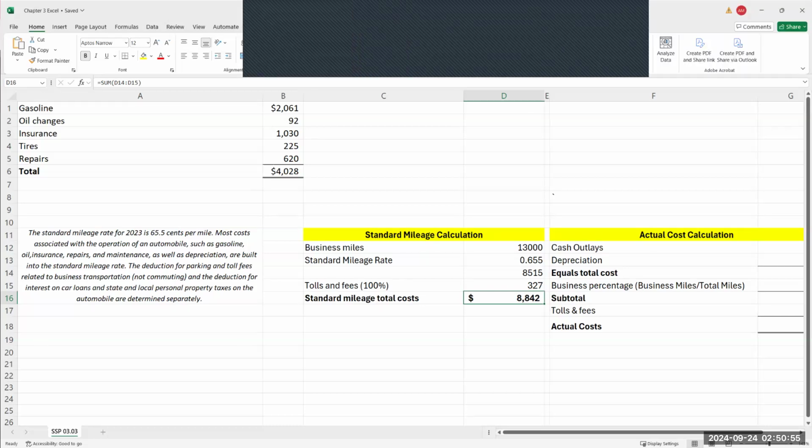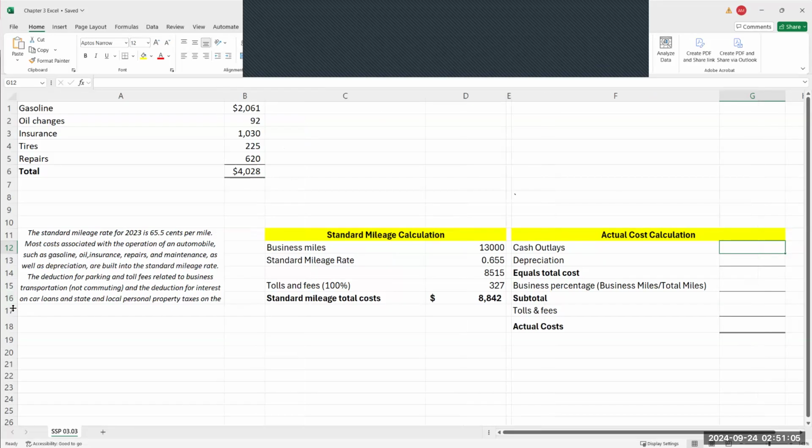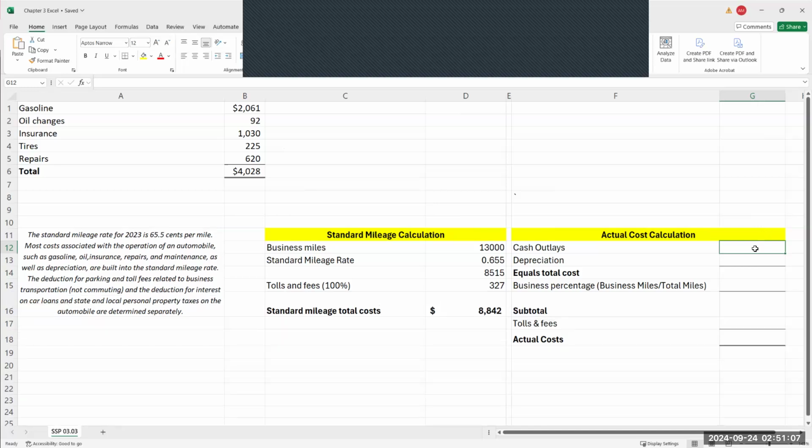So if we factor in our actual cost method, we know our cash outlay, how much we paid in cash for our expenses. So we see there was a total of $4,028. How do we know that? It's the total of the gasoline, oil change, insurance, tires, repairs, etc. From there, we account for our depreciation.